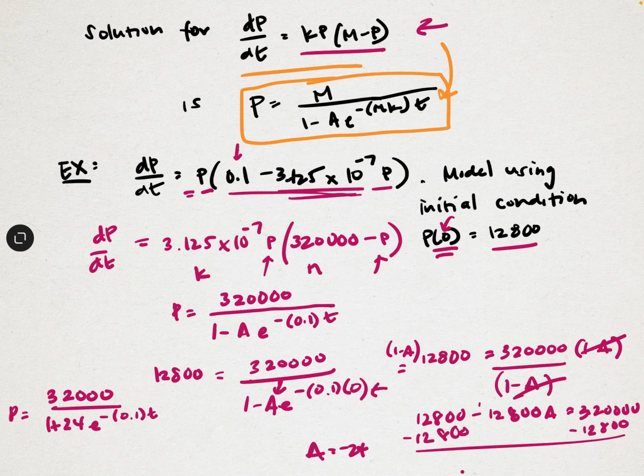So the goal is to fill in our information into our formula, and to end up at the very end with just P's and t's. Right? We fill in our M's and our k's and our e. Okay, so that would be the form for our equation.